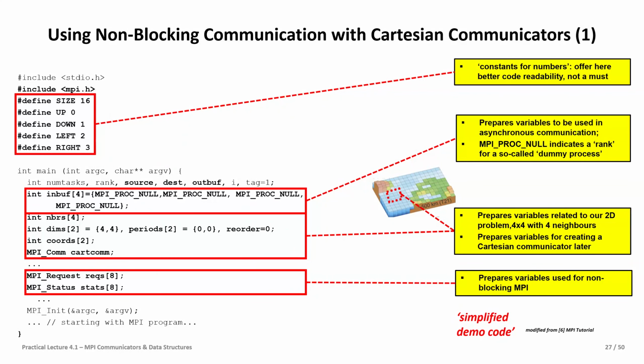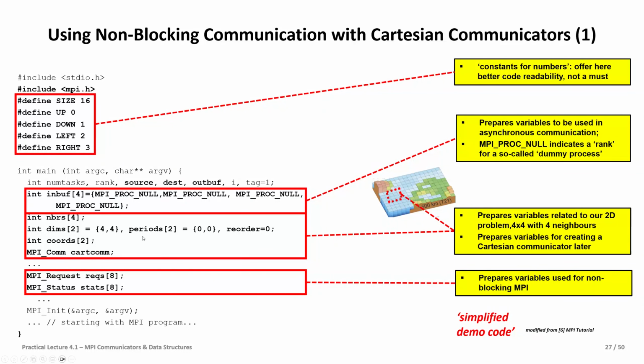Let's, however, come to a bigger example where we combine non-blocking communication with Cartesian communicators, which is really going towards a production setup where you have a 4x4 setup. Let's say 4 neighbors, you want to exchange information, not only do a shift and communication in one direction. Now let's see how the source code would look if I have a Cartesian grid of 4x4 and I want to exchange with all my neighbors.